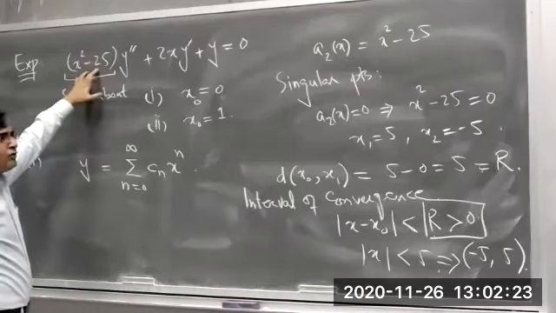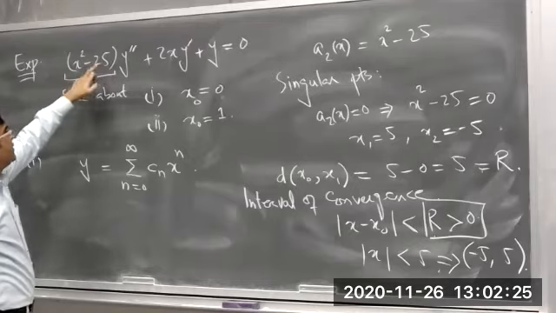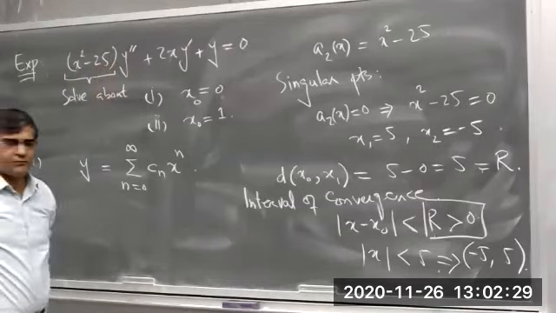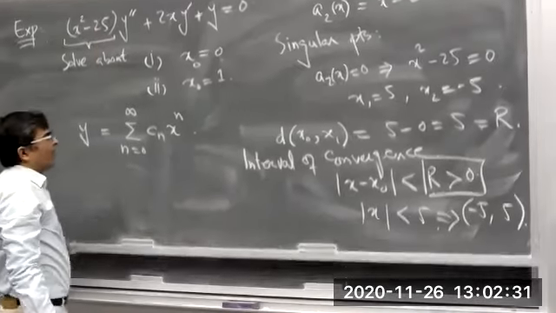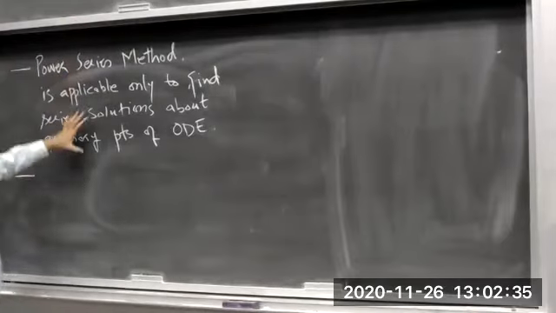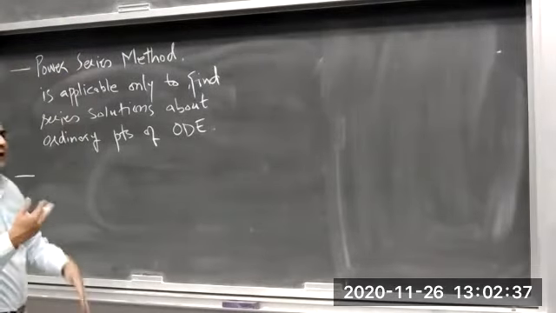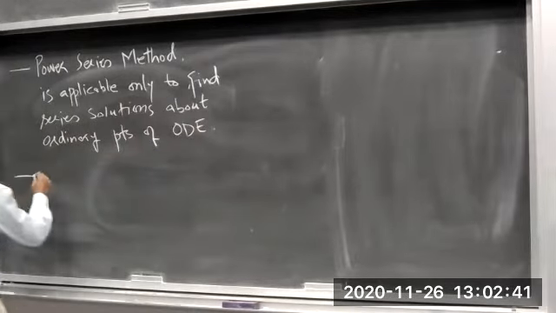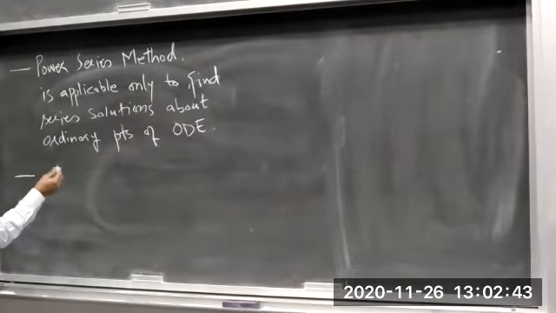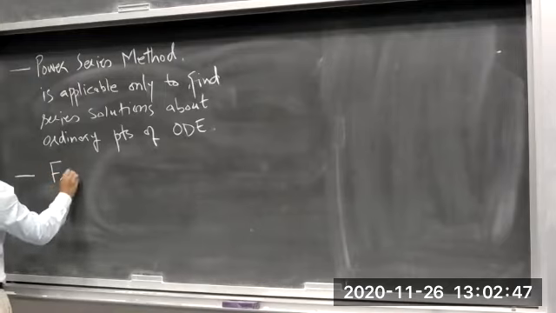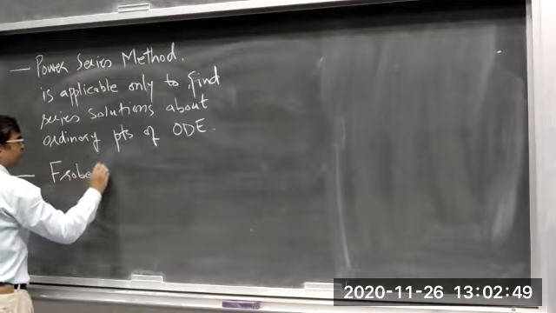When we put x equal to 5 here, this will become 0, and the second order term will be eliminated. So we have to modify this power series method in order to incorporate the singular points in the method. In order to find a solution about singular points, we use Frobenius method.